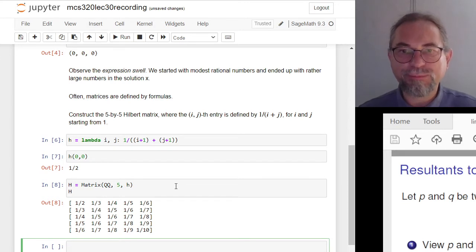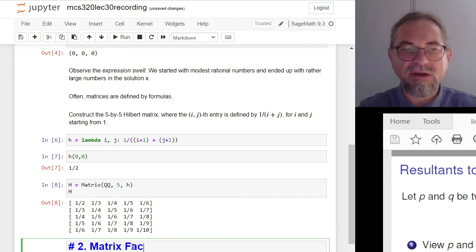The second optional argument is the number of columns. Okay, so I will later indicate, as the need arises, how one can provide a list of lists to define a matrix. But let me now look at the matrix factorizations.